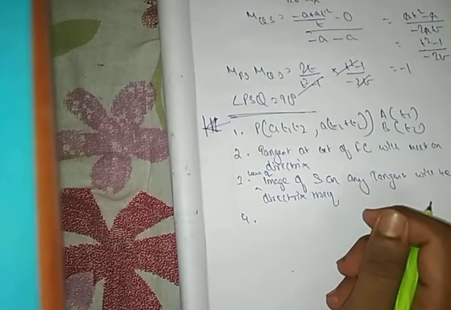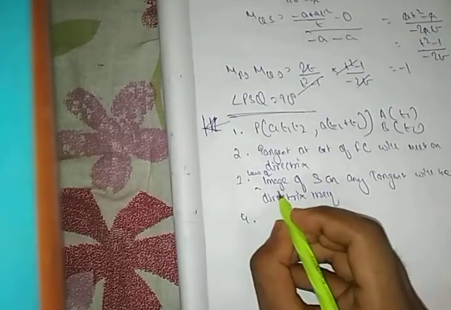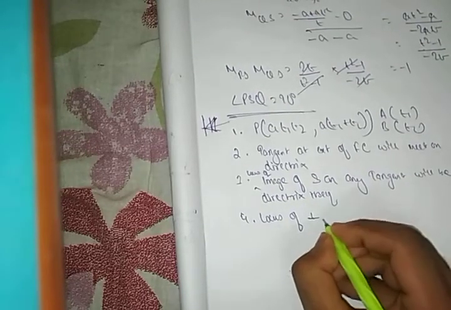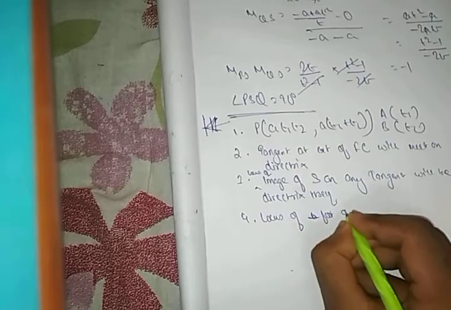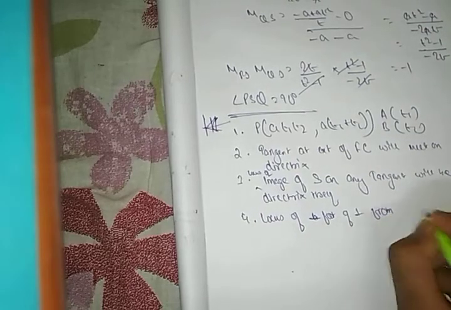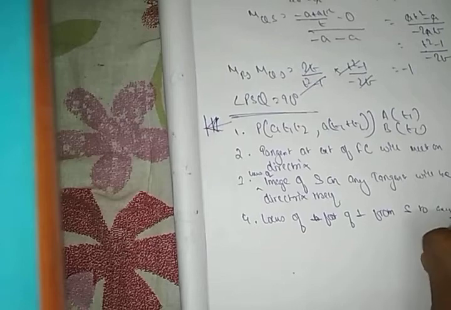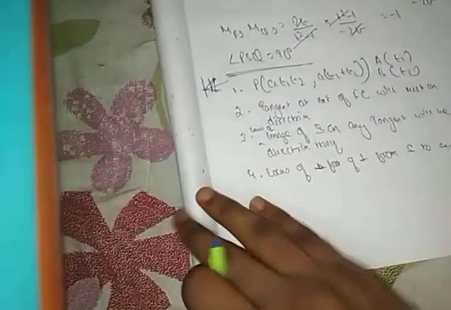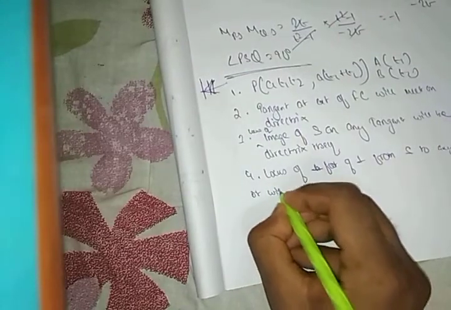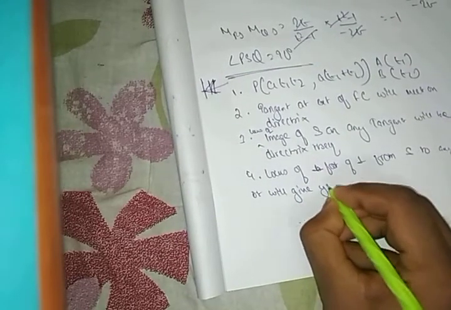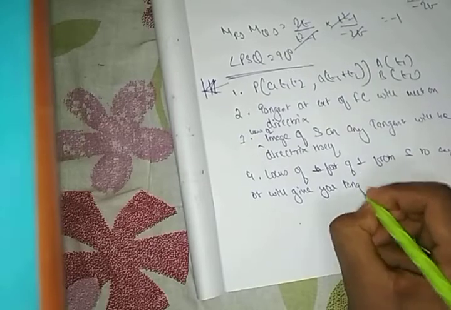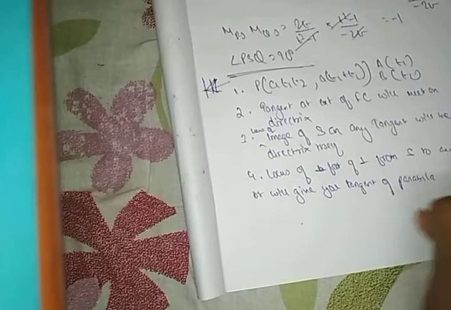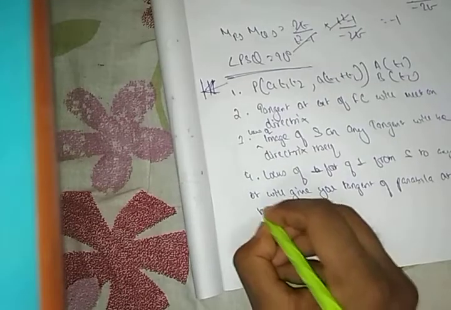And the fourth property says, instead of image, if you take the locus of the foot of perpendicular from S to any tangent, then it will give you the tangent of the parabola at the vertex.